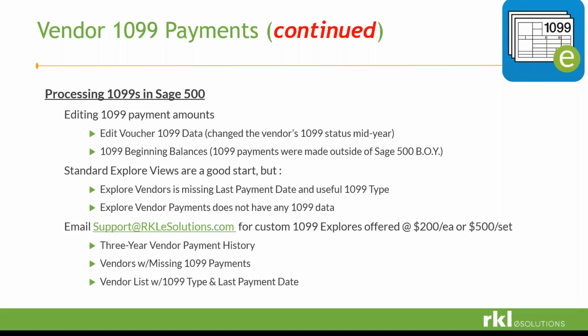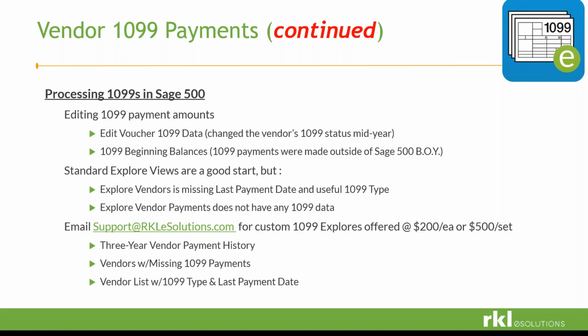So if at the beginning of the year you were not tracking 1099s for a specific vendor, and then February or March rolled around and you realized you were going to need to track 1099 payments for that vendor and then changed the 1099 tracking within maintained vendors, making that change to the 1099 type at the vendor level does not go back and change any posted vouchers that have already been processed, nor does it change any that may have been in a pending batch at the time that you made that change. That change would only take effect for new vouchers entered after that point for the vendor.